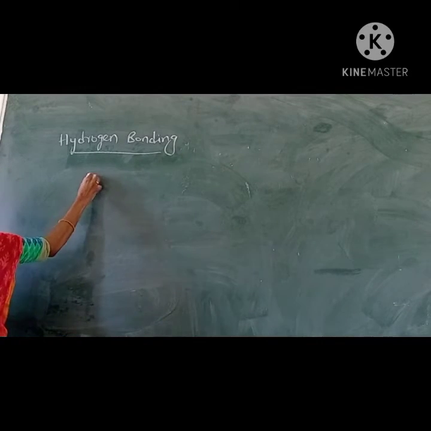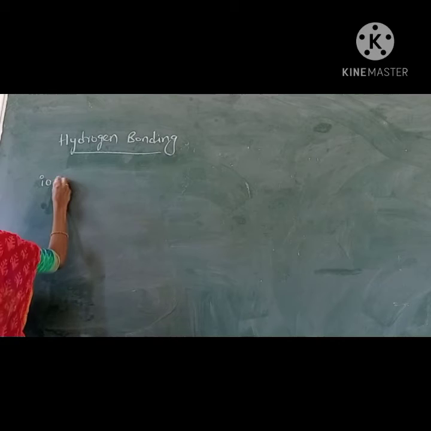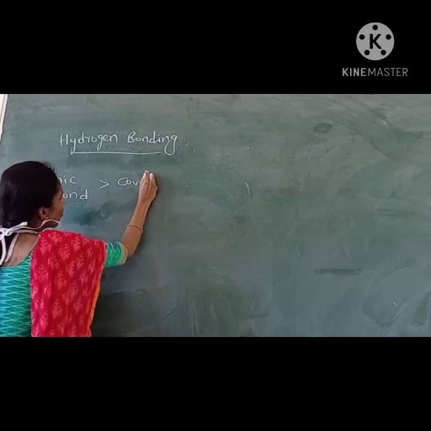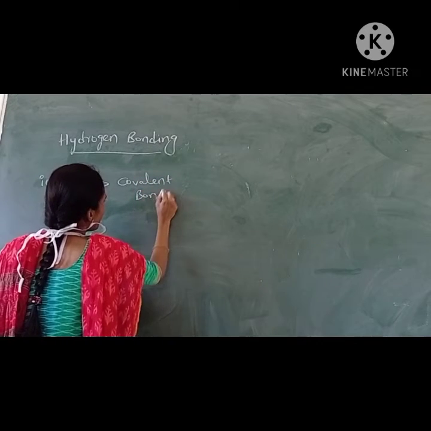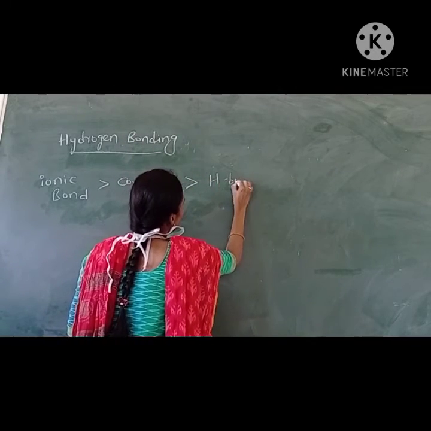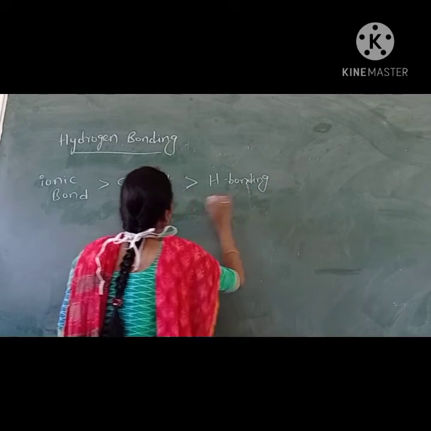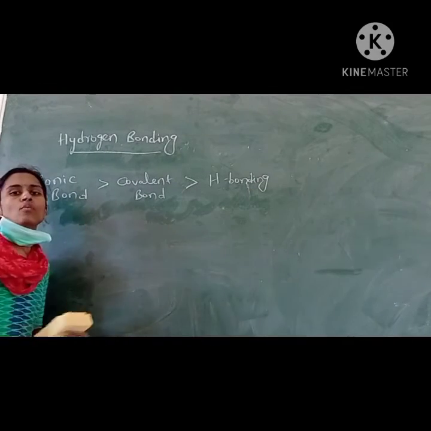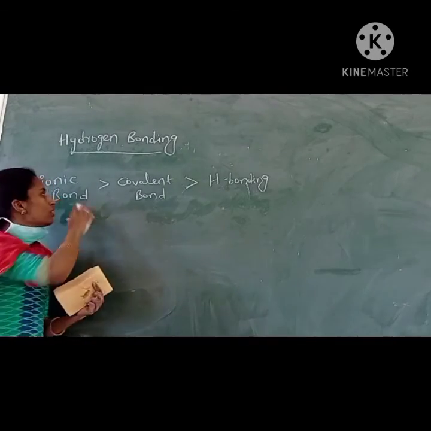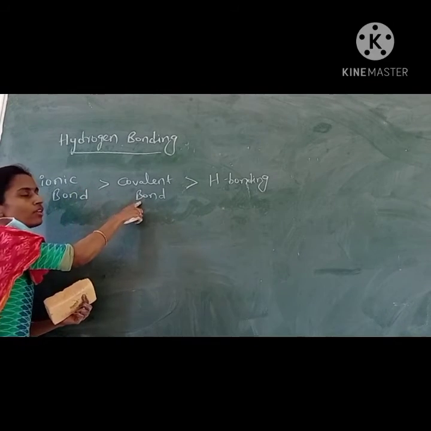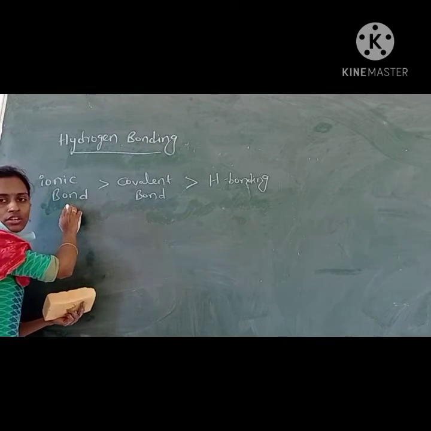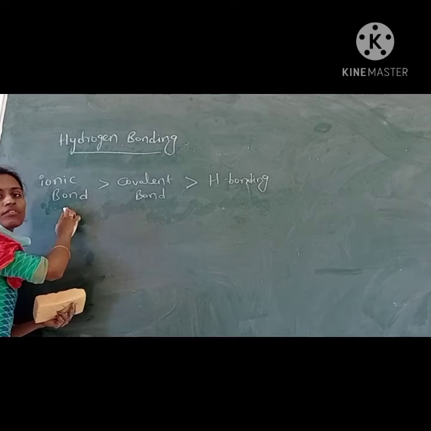Hydrogen bonding is weaker than ionic bond and covalent bond. The strongest bond is the ionic bond because of the strong electrostatic force of attraction.